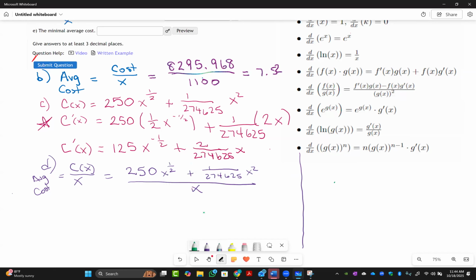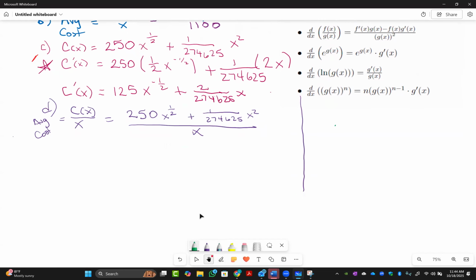This is the same as 250 x to the 1/2 over x plus 1 over 274,625 x squared over x. Do you agree? Yes.